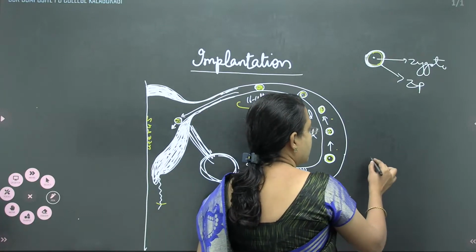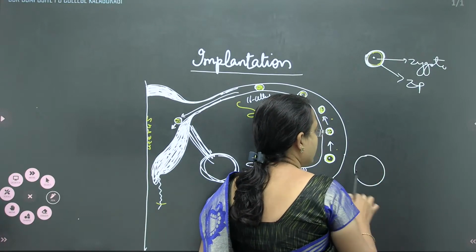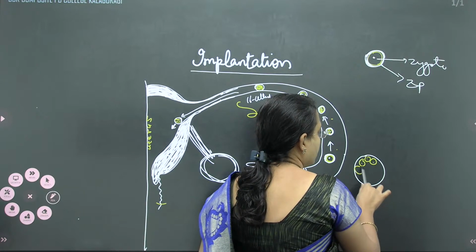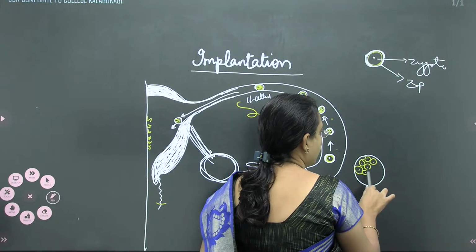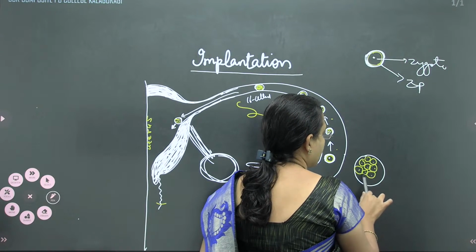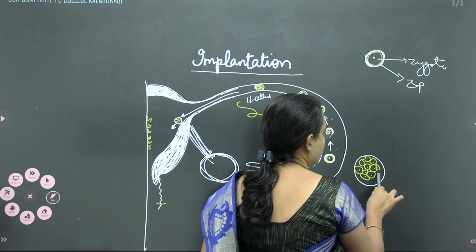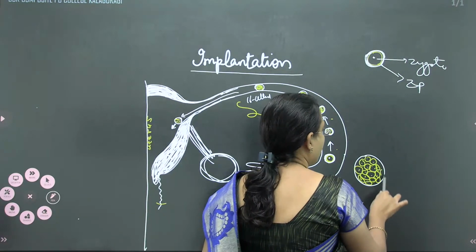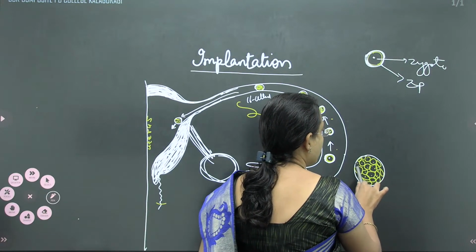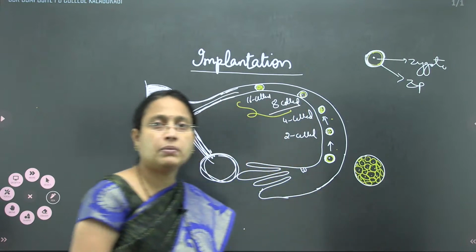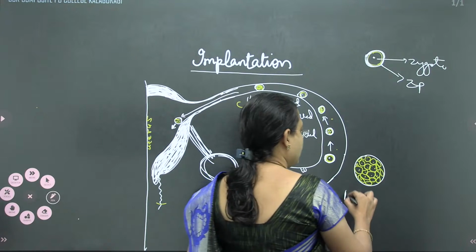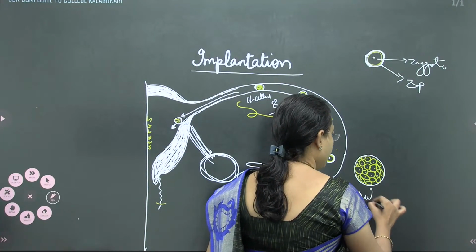This is the morula, which has dividing cells inside, 8 to 16, basically, which further divide and double up. This structure was called what? Morula.